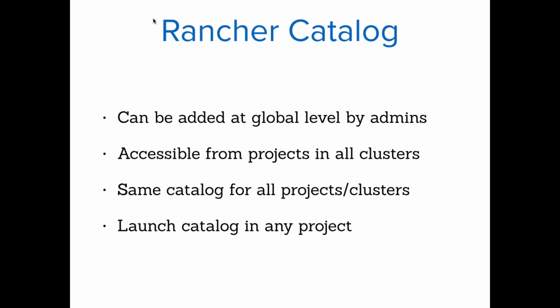So far, before 2.2, admins could create these Rancher catalogs at the global level, and all the charts from these catalogs were accessible by everyone. So basically, users in all clusters and all projects had equal access to the charts or templates from this global catalog.